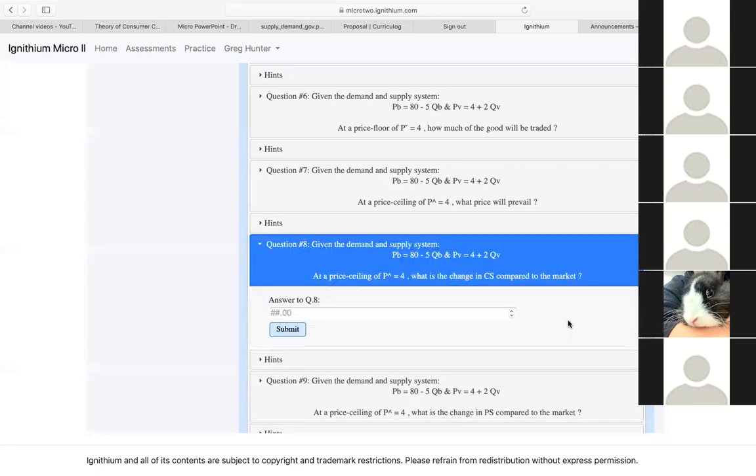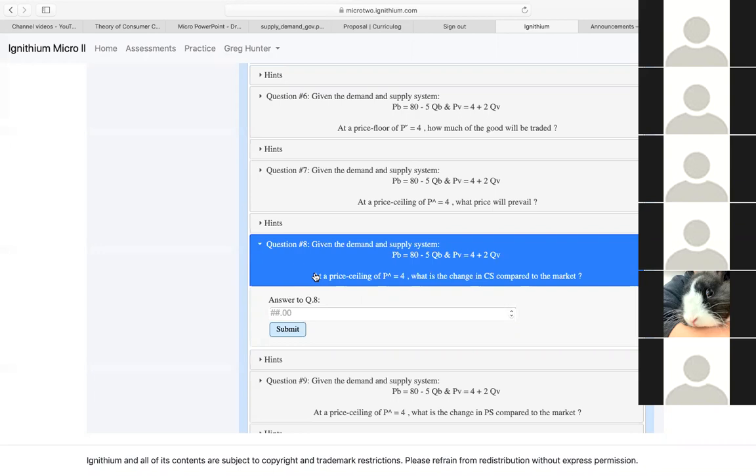You guys might think this is unnecessary, but what you'd have to do is calculate the consumer surplus at the market, as if there was no price ceiling, and then calculate the consumer surplus after, with the price ceiling in place, and then take the difference between the two.